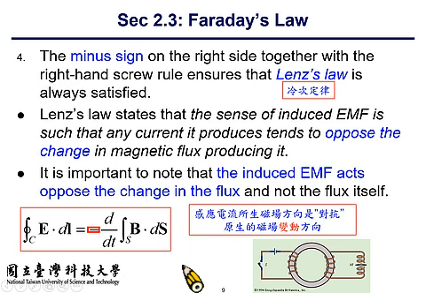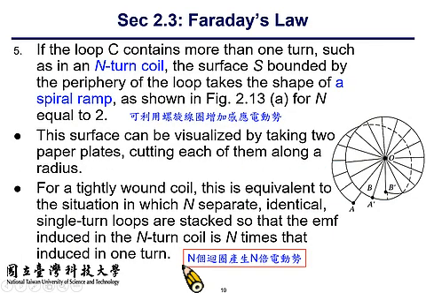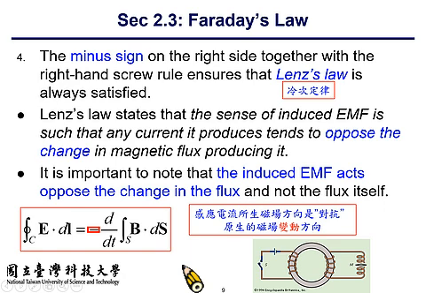And it says that the magnetic flux produced by the induced current is to act against the change of the original magnetic flux. All right, and we probably can see another example very quick later.